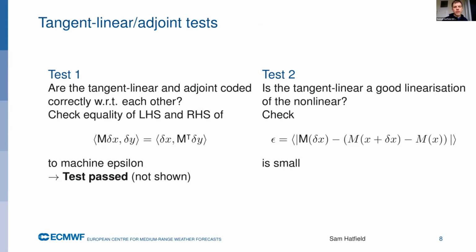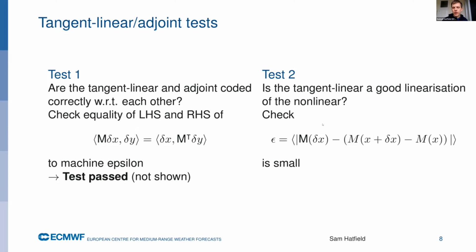And we do this by evaluating these two expressions here on the left-hand side, the right-hand side, where delta x and delta y are just two small model state perturbations. And we check whether they conform to each other to the machine epsilon, which is 16 digits with double precision. And I haven't shown this result here, but suffice to say that the tangent linear and adjoint model of the neural network that I've coded does pass this test.